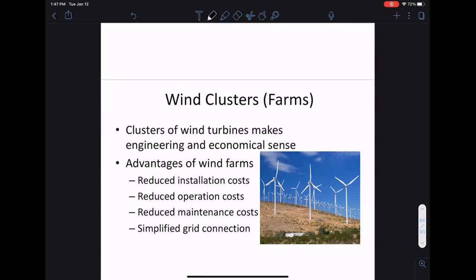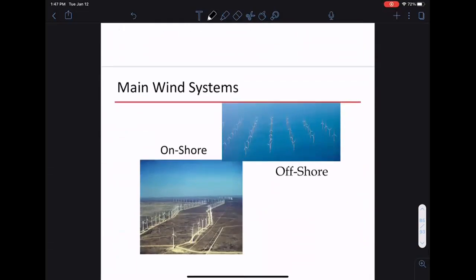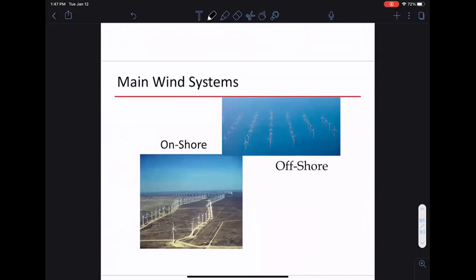So you see this both offshore and onshore, especially the offshore ones are getting quite large. Sometimes you have many turbines all together, connected to each other. And the engineering challenge is that when you have a lot of turbines, they disrupt each other.